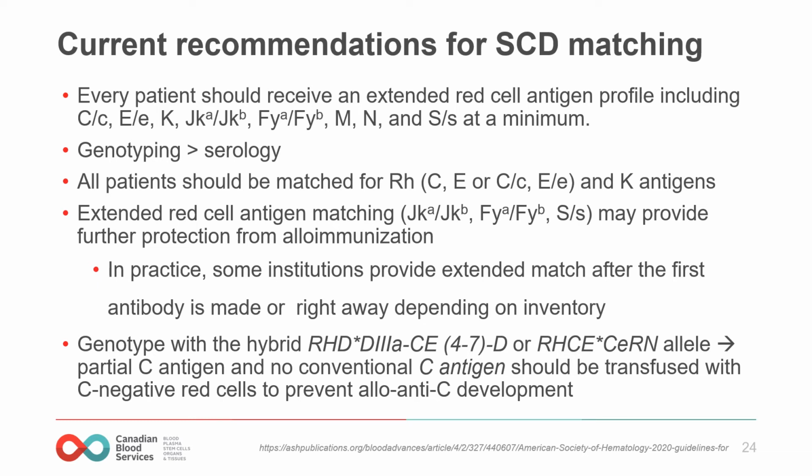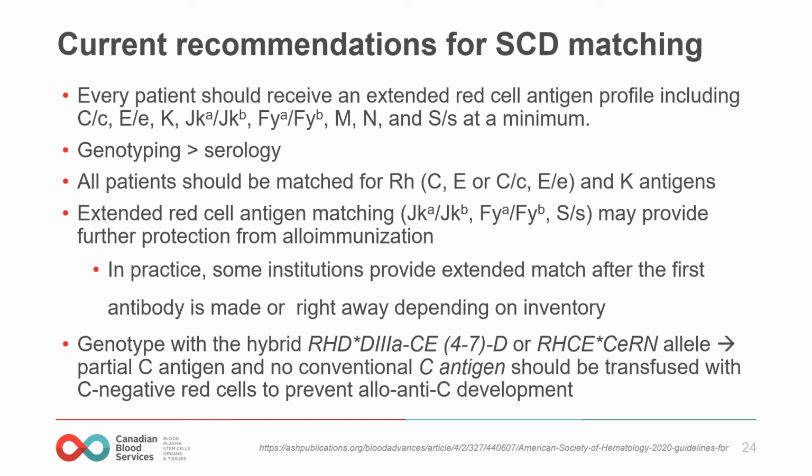All patients should be matched for RH and Cw antigens. Extended red cell antigen matching for KIDD, Duffy, and S's may provide further protection from alloimmunization. In practice, some institutions provide extended match after the first antibody is made or right away, depending on inventory.